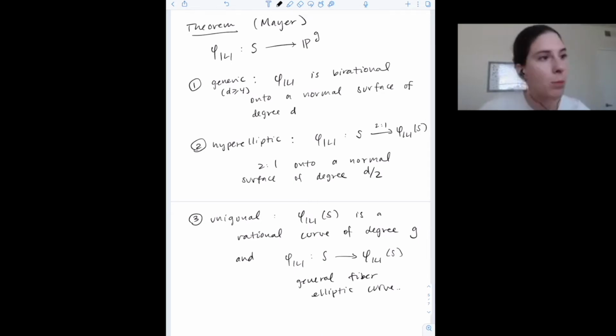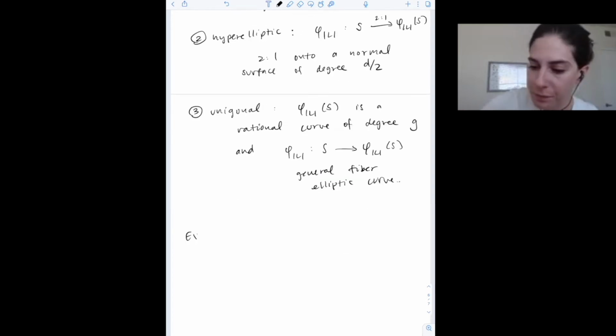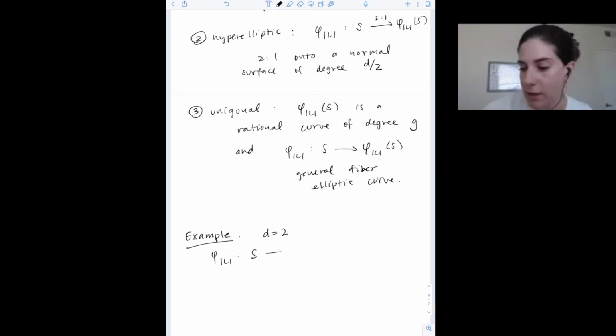But perhaps to give a toy example before we talk about quartic K3s, the first example that we could encounter and even study with the wall-crossing framework of K-moduli is in the degree 2 case. In the degree 2 case, our linear system gives a map to P^2, and this is necessarily not birational.